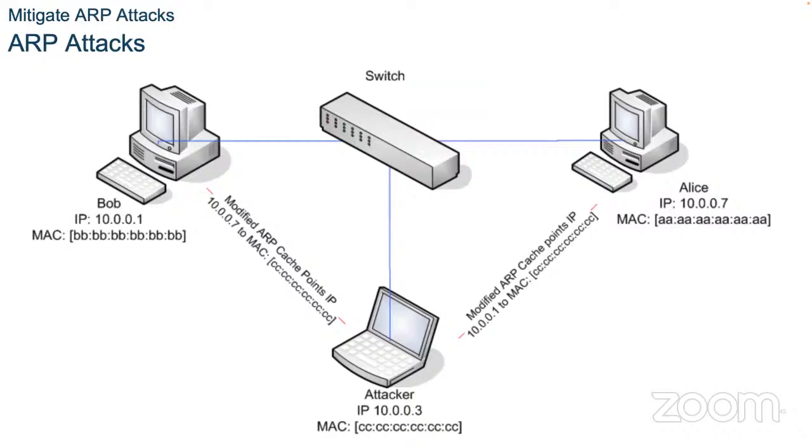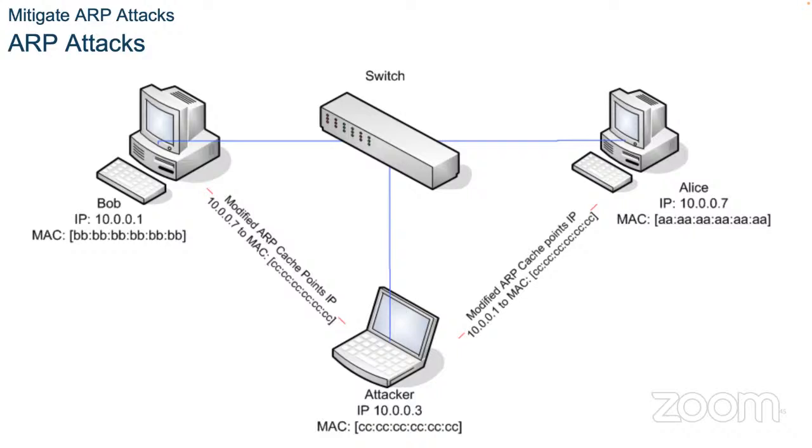ARP is an old protocol that we still use in IPv4 networks. The easiest attacks with ARP involve sending ARP packets to modify the tables on endpoint devices so that rather than talking to the right device, they're talking to the wrong one.